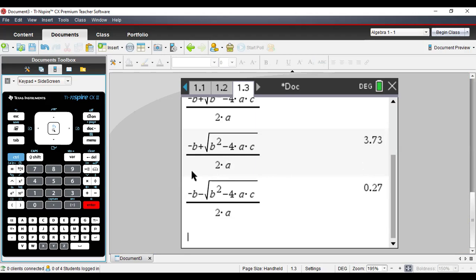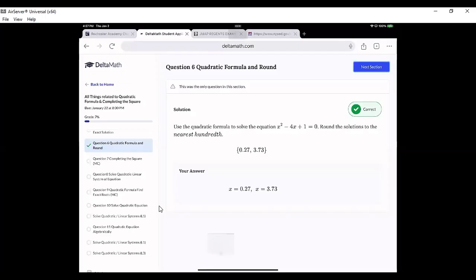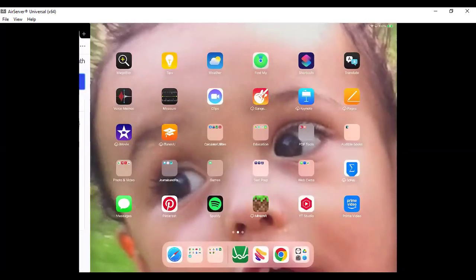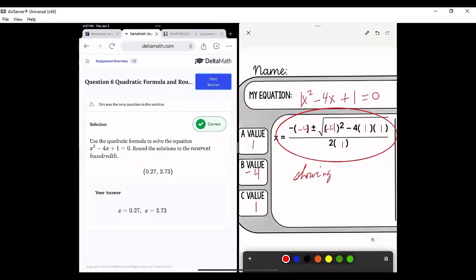The only thing you have to do is show the A, B, and C being plugged in. Once you do that, they don't care if you use the calculator or you graph it, as long as you round it properly.